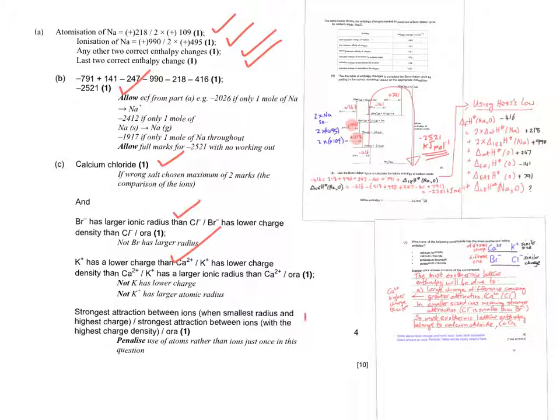And in the context of that, we correctly implied the strongest attraction between ions, because we said stronger attraction and greater attraction on two separate occasions within the answer. So that gets us our 10 marks.